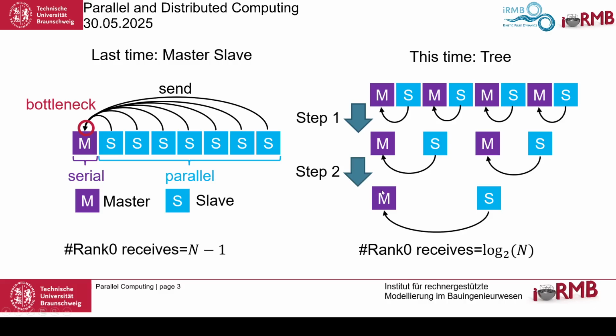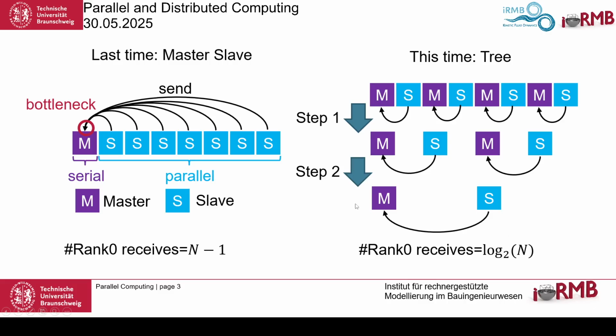So what is the advantage of this? See, the only master that we have here receives as many times as he has slaves, while this master here has only as many receives as log of the number of slaves.